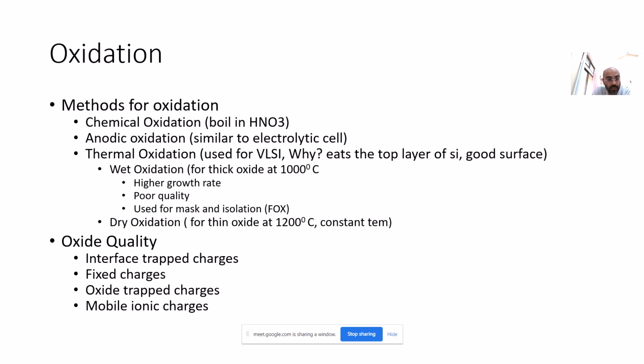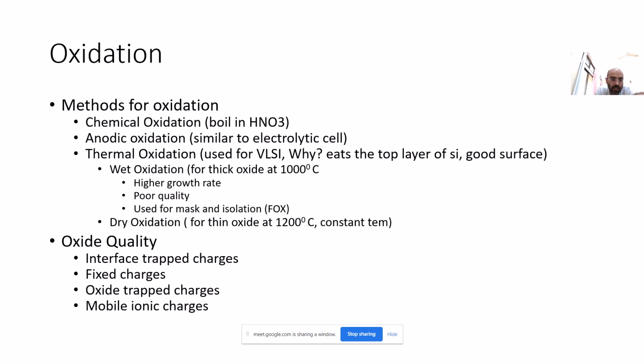And if we look at the mathematics of it, we can see that the quality of the oxide is not that good, because the water vapor is present. You grow a poor quality oxide, and it is used particularly for inactive regions, where the MOSFET is not built.